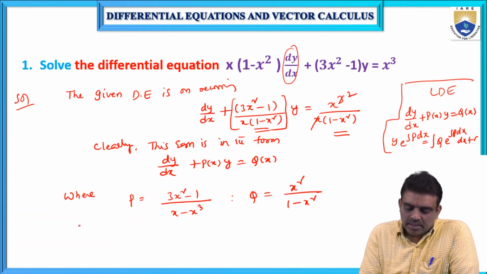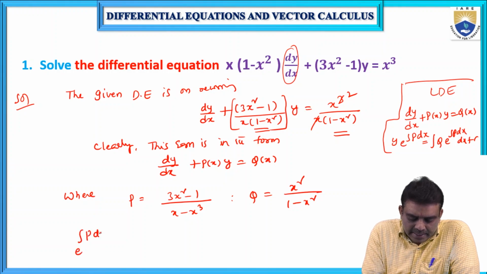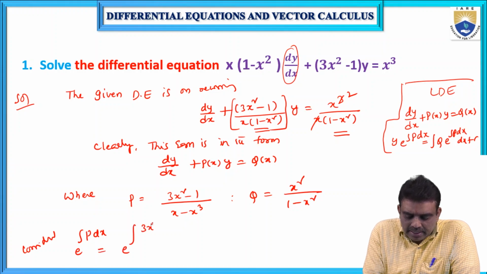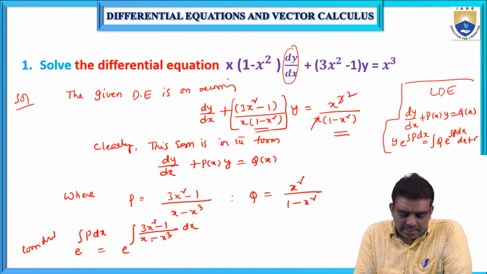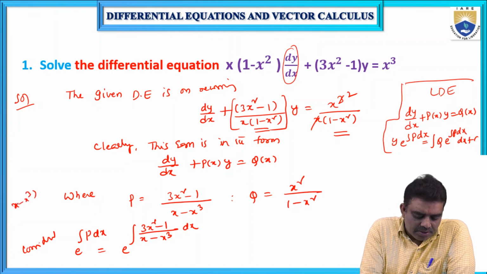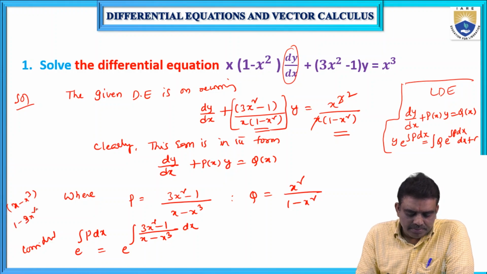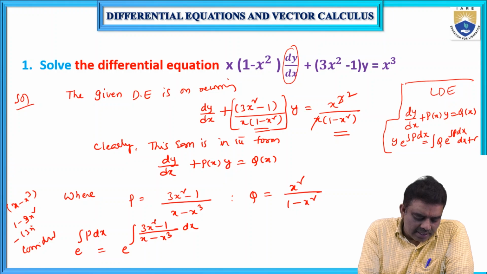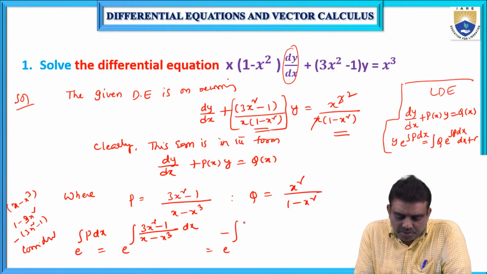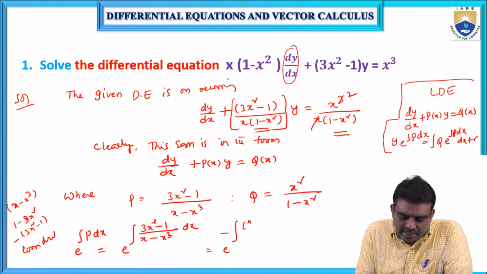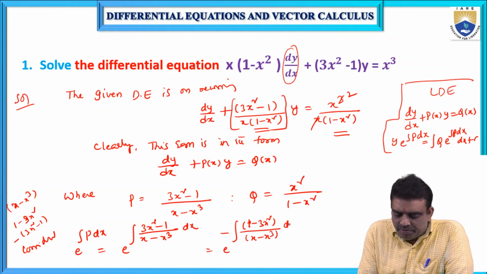Now to write the solution, we need e^(∫p dx). Consider e^(∫p dx), that is e^(∫(3x^2 - 1)/(x - x^3) dx). Now you can observe that on differentiating the denominator x - x^3, the derivative is 1 - 3x^2, or I can write it as minus of (3x^2 - 1). So I can write it as e^(-∫(1 - 3x^2)/(x - x^3) dx).